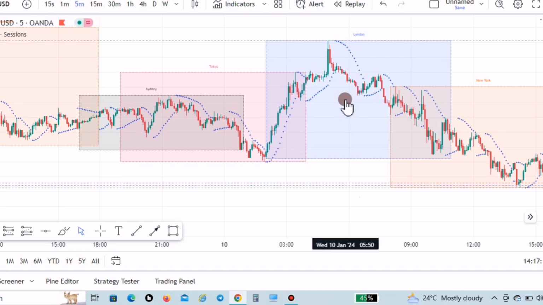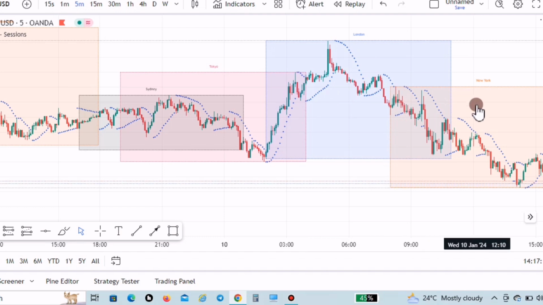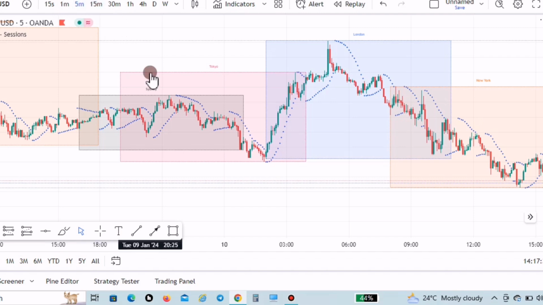The blue one is the London, which I like to trade. I like to trade the London and the New York sessions, and then I rest. Another thing, I hope I'm not leaving anything out: I trade on the smaller time frames, 5-minute and 15-minute. Those are my best time frames for this strategy.